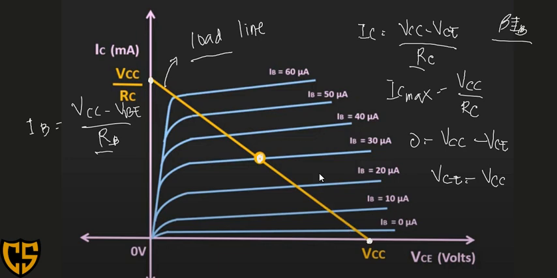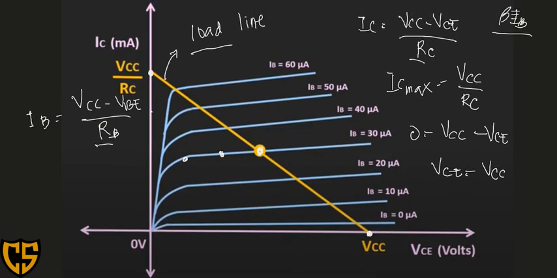For example, if we increase the value of our RC, of course the value of our IC will decrease, so your Q point could be here. So your load line is changing, and at the same time your Q point changes. So that is showing that our output current IC is dependent on our load resistor RC.